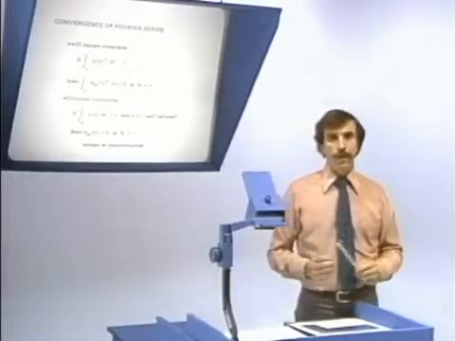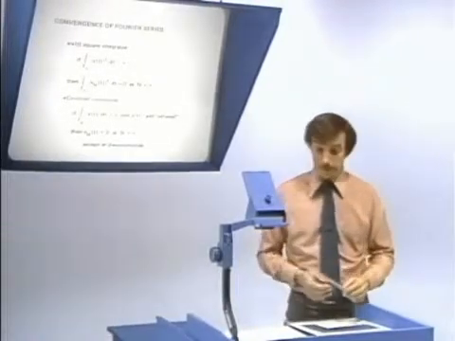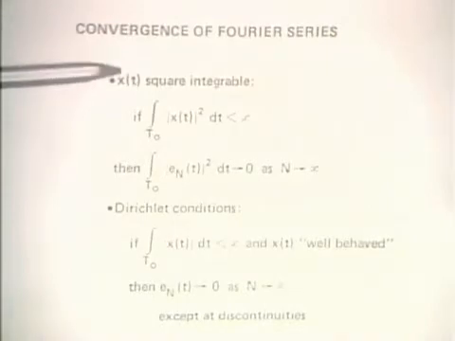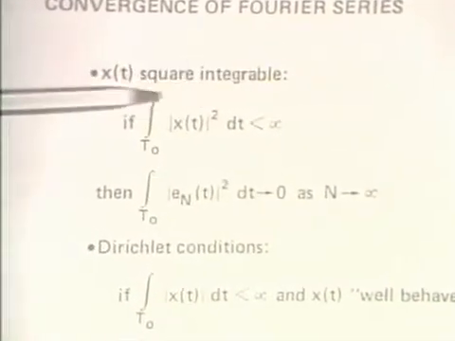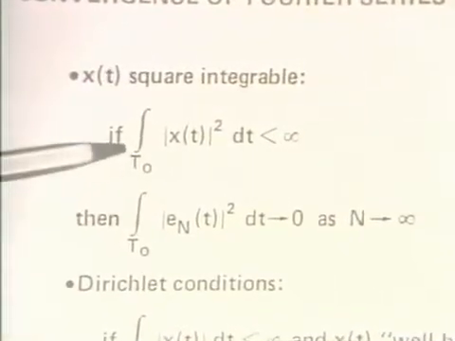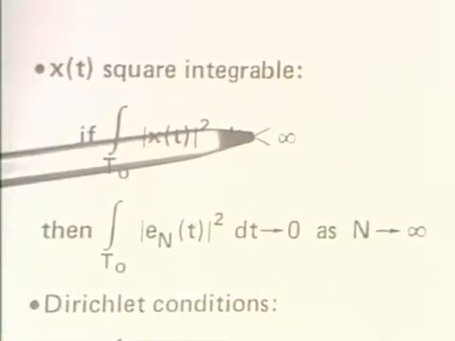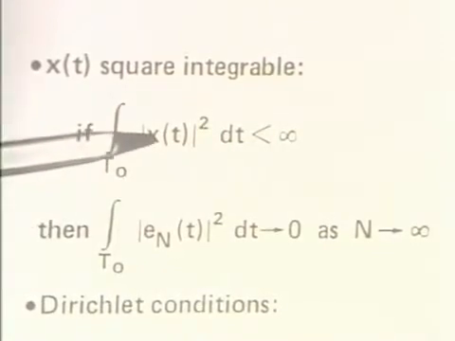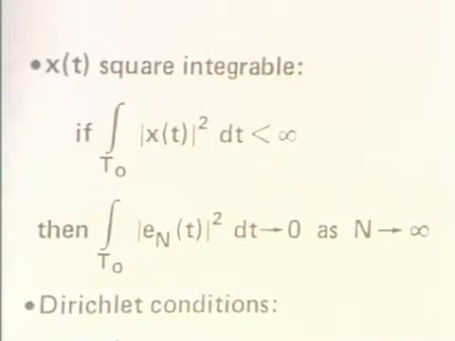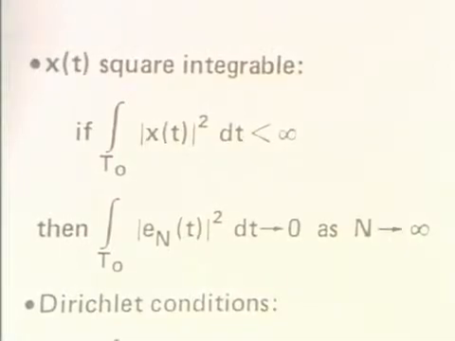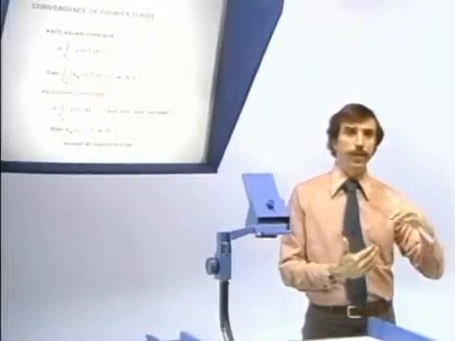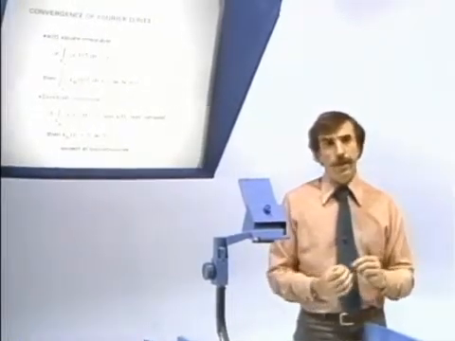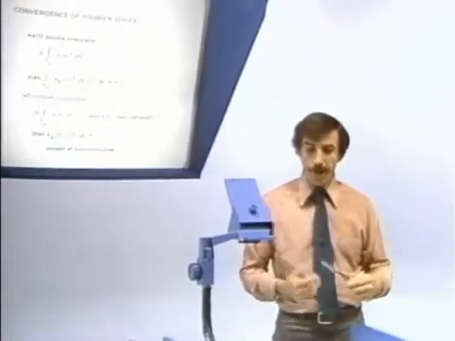One statement related to convergence of the Fourier series is the following. If I have a time function which is what is referred to as square integrable, namely its integral over a period is finite, then what you can show, kind of amazingly, is that the energy in that error, in other words, the energy in the difference between the original function and the partial sum, goes to 0 as n goes to infinity.